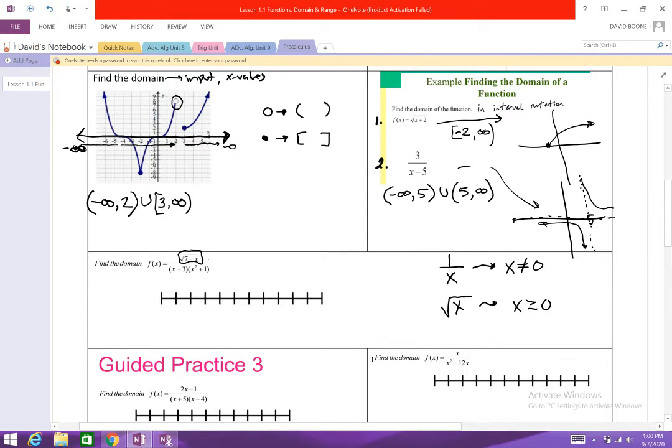So I'm going to be a little concerned because I know here the number underneath the radical, that 7 minus x, has to be greater than or equal to 0. So just do a little solving here, a little algebra. This would be 7 is greater than or equal to x, or most people like to write the other way and say x would be less than or equal to 7.